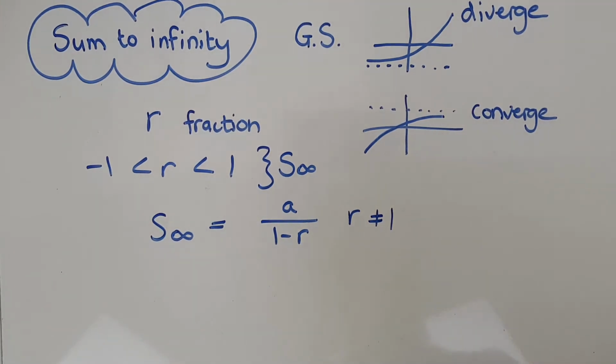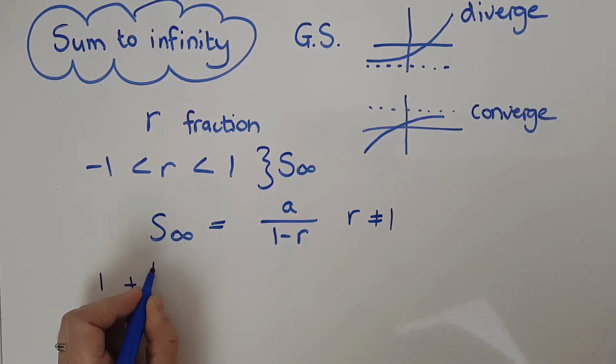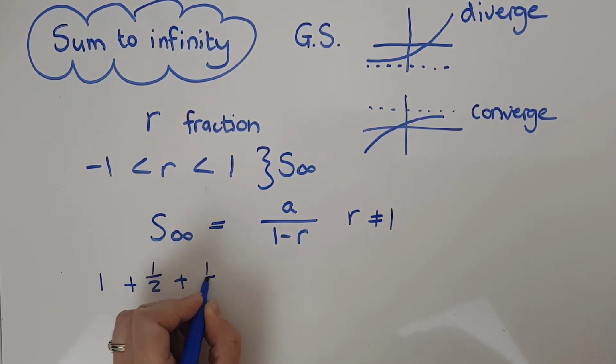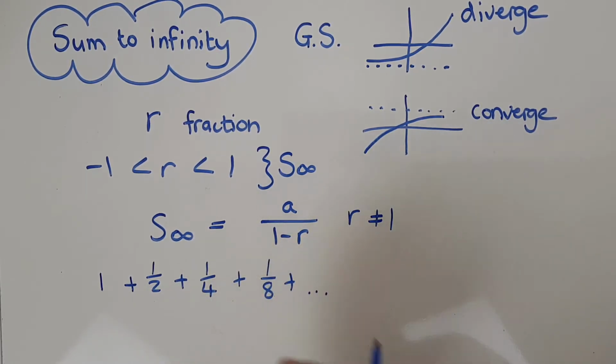A really basic example, let's say we've got a series 1 plus a half plus a quarter. You can see it's getting smaller and smaller, okay? Dot, dot, dot, and they say calculate the sum of that to infinity, okay? So your sum to infinity is going to be this formula here. You need a, you need r, it's just two variables, okay?